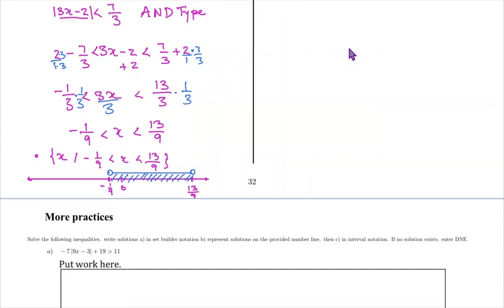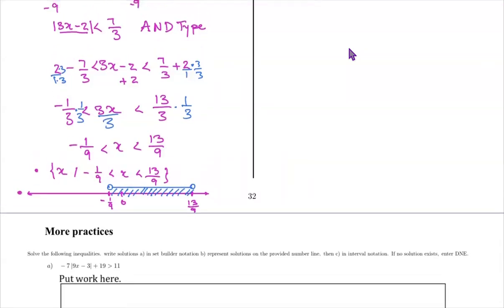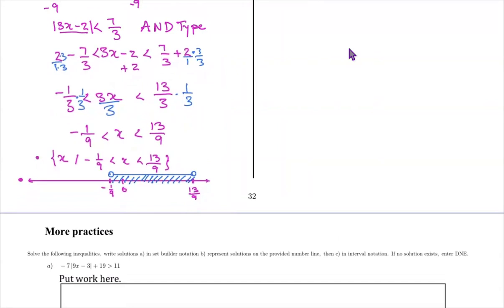And then that's the graph. And then the interval notation will be, with an open circle, we're going to have parentheses in negative 1 over 9, and then 13 over 9 with parentheses.